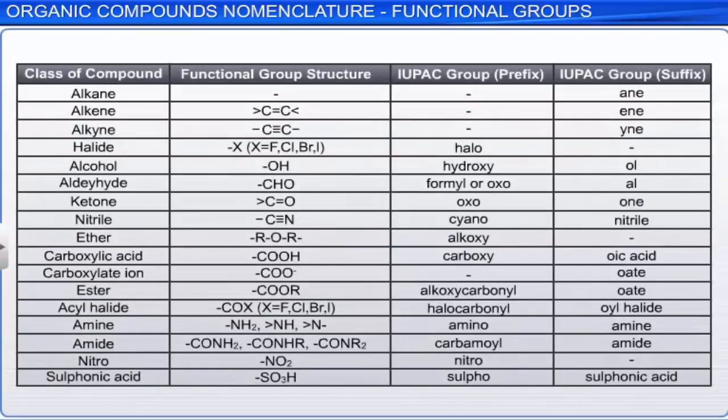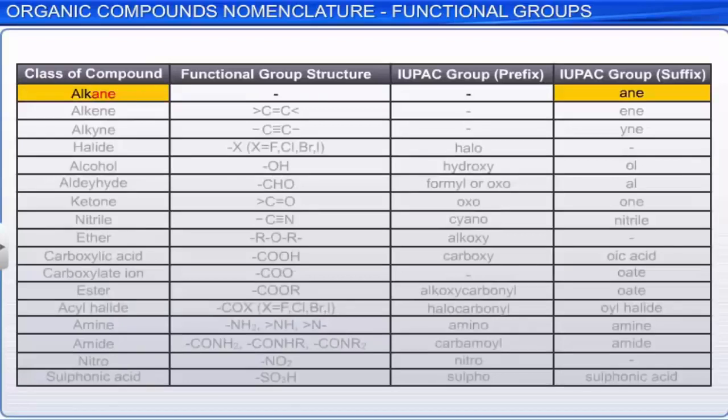Based on the structure of the compounds, they have been organized into classes and assigned IUPAC group prefix and suffix. The alkane group suffix is -ane. The alkene group suffix is -ene. The alkyne group suffix is -yne.